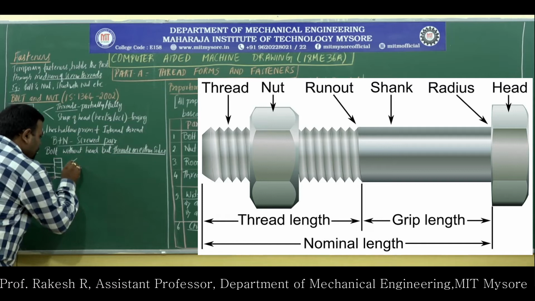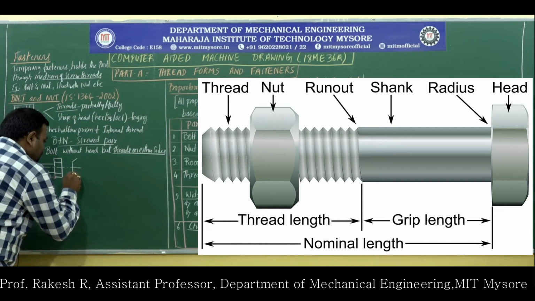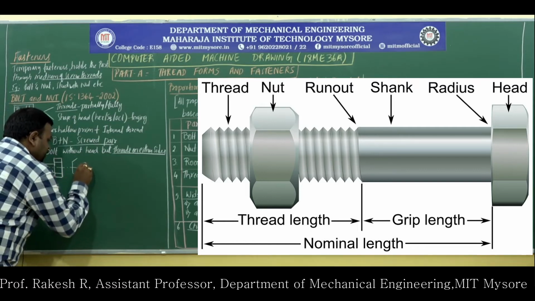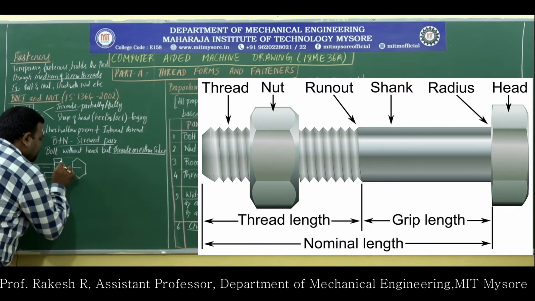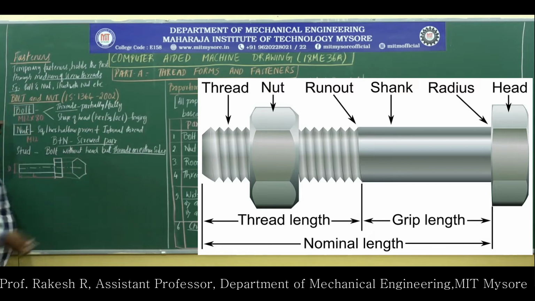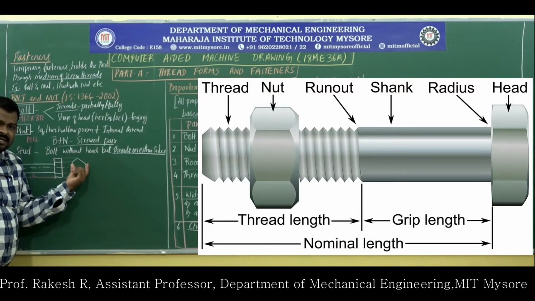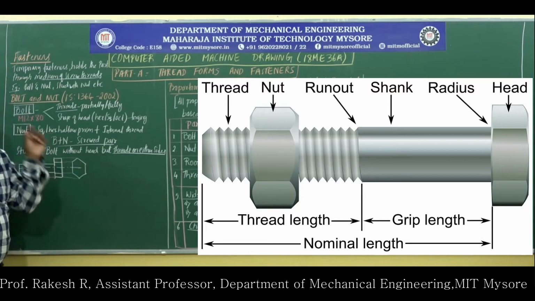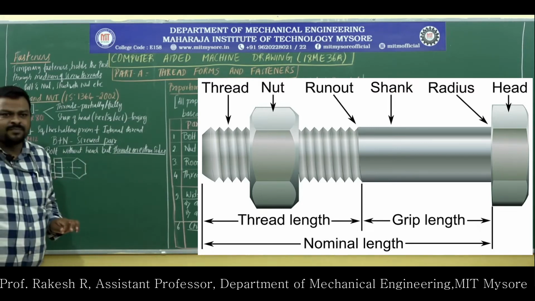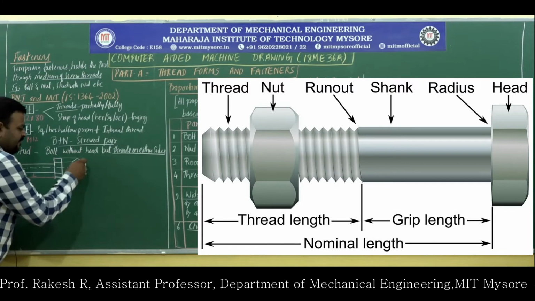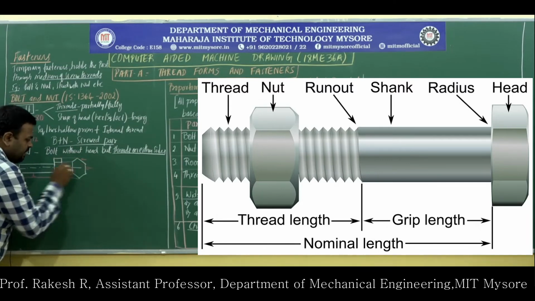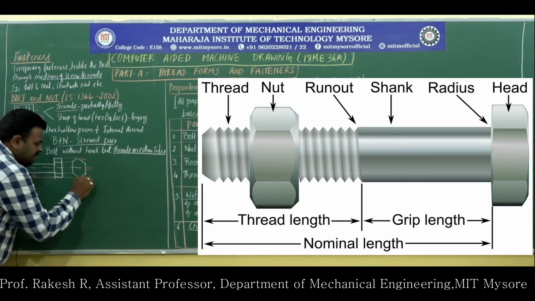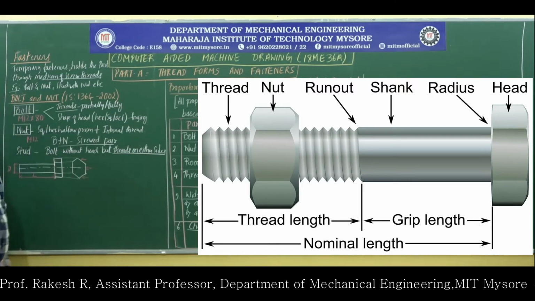This is the shape of the bolt, which is hexagonal. This hexagon shape you can see only in the side view. This face is visible, again this face is visible, and this face is visible.